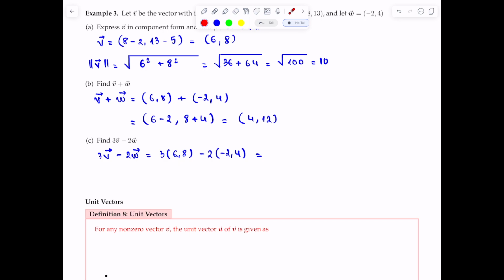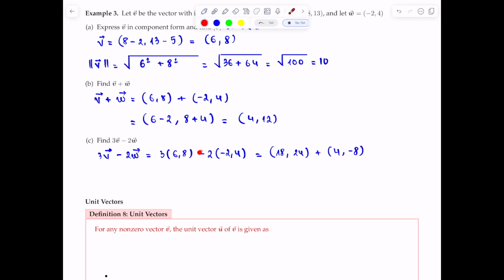So 3 times 6 and then 3 times 8. So 3 times 6, you get 18. 3 times 8 is 24. Plus, now you do scalar multiplication on vector w, and the scalar multiplier is negative 2. So negative 2 times negative 2 is positive 4. And negative 2 times positive 4 is negative 8.